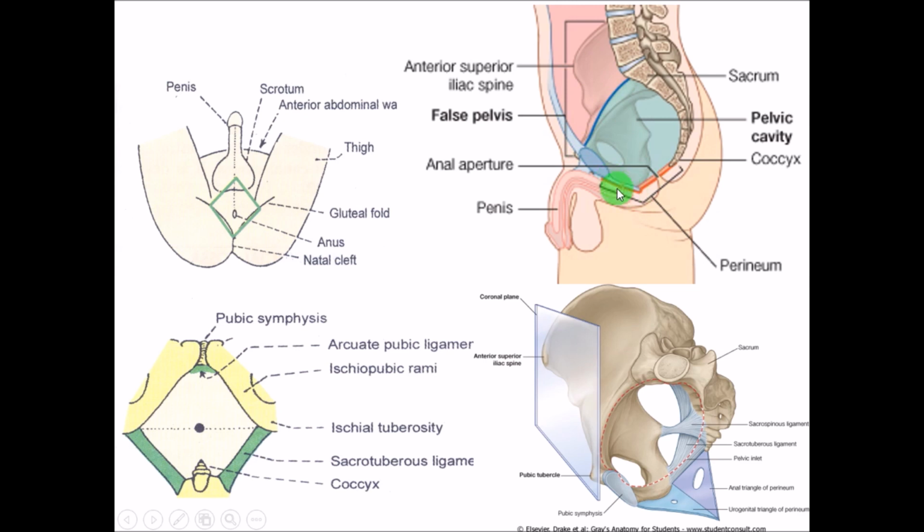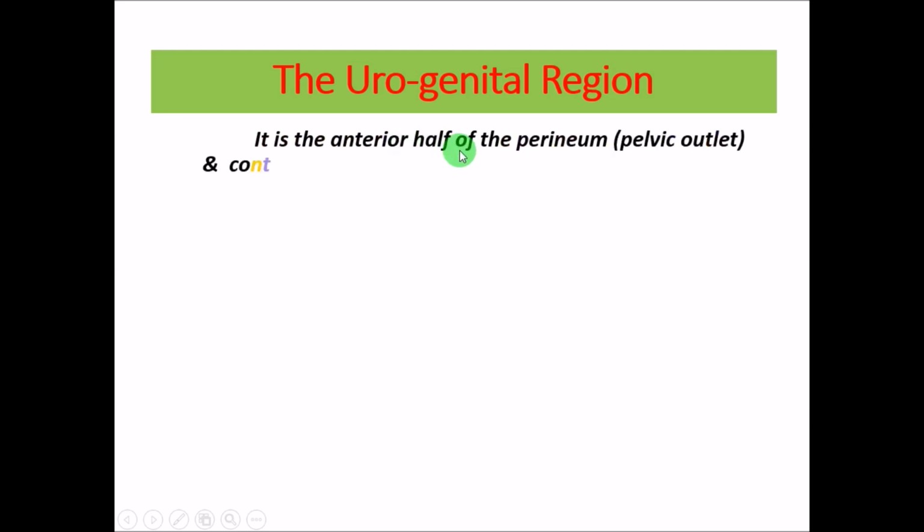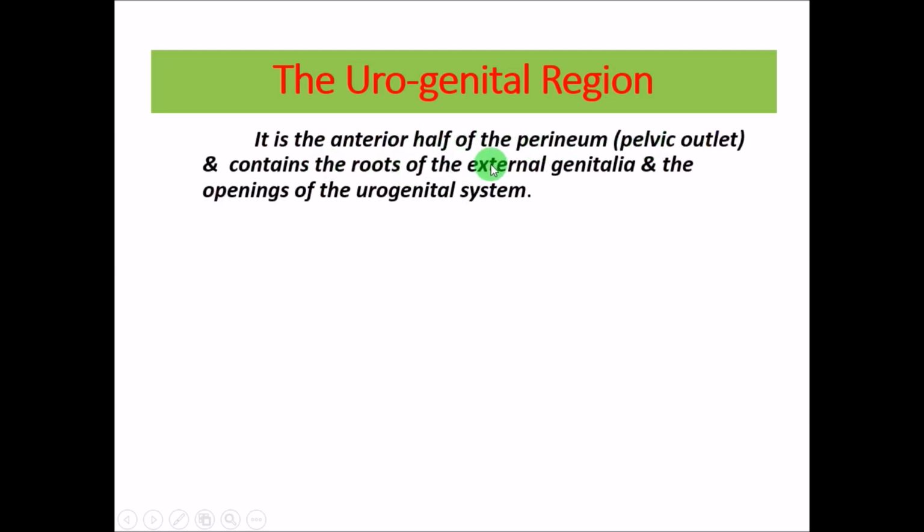So the perineum, as well as the part of the perineum that is the urogenital region, is present in the pelvic outlet. It is the anterior half of the perineum, at the pelvic outlet, and contains the roots of the external genitalia and the opening of the urogenital system.